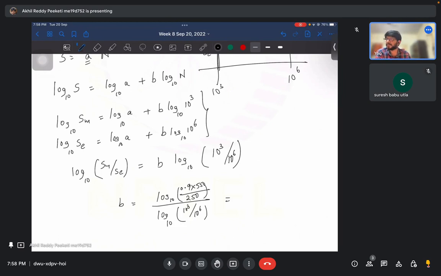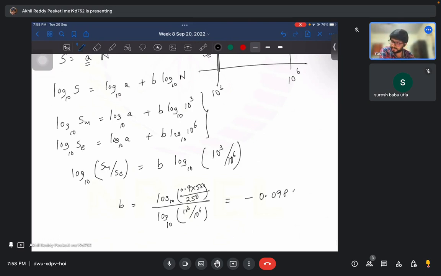If you do this, you would get B as minus 0.0989.